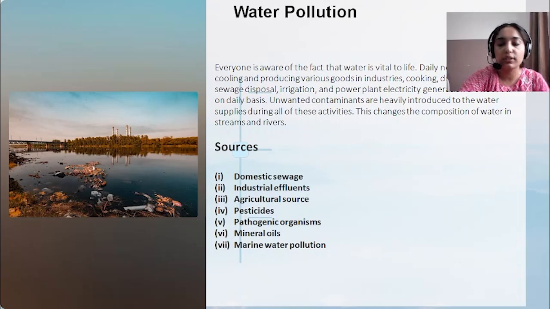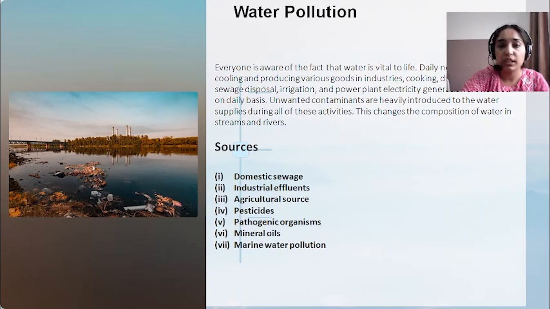We have various forms of industries, like paper companies, chemical factories, rubber, rayon fiber production, oil refineries, textiles, sugar, fertilizers. When the waste from these industries is contaminated by various chemicals and disposed of into the water bodies, it may lead to industrial water pollution.